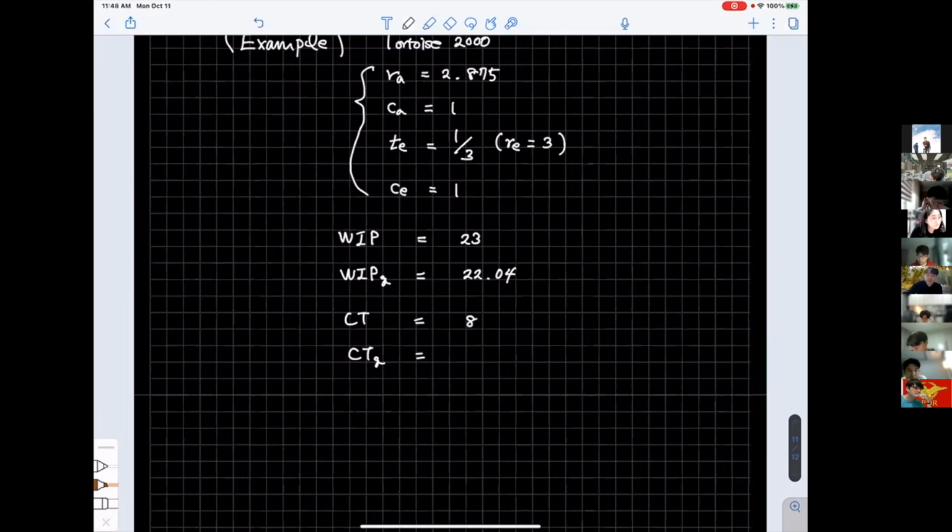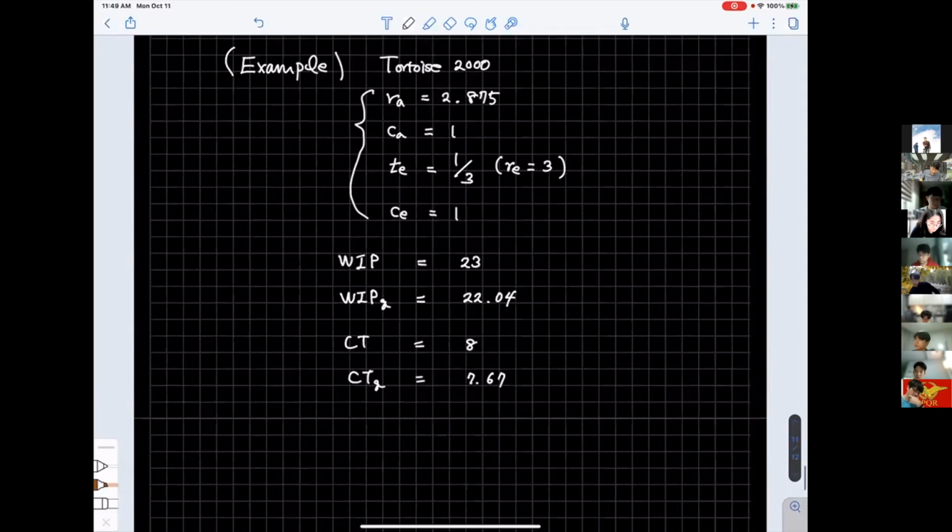It is 8 hours and CTQ is 7.6, if we round to 2 decimal points. In my calculation it is 7.6. Summer's calculation is 7.8. Maybe there is some miscalculation in the decimal point, I think. Anyway, what do you think about this result?